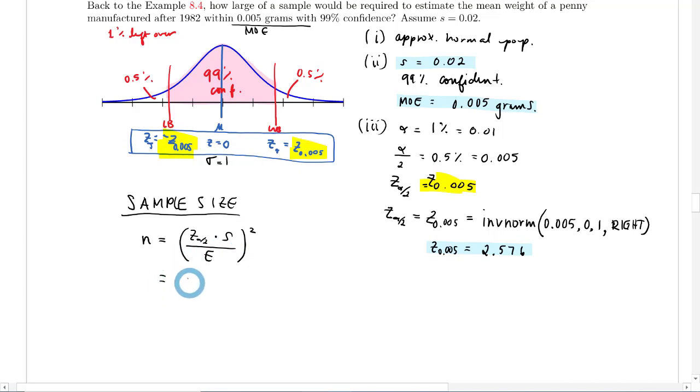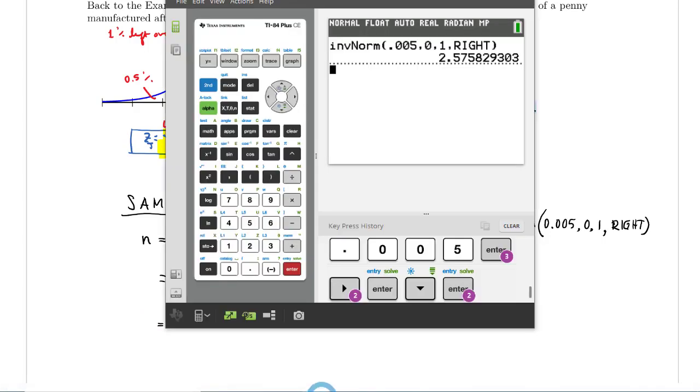So I'm going to plug and chug. 2.576 times 0.02 divided by 0.005, and then square it. So let's go ahead and put this in the calculator.